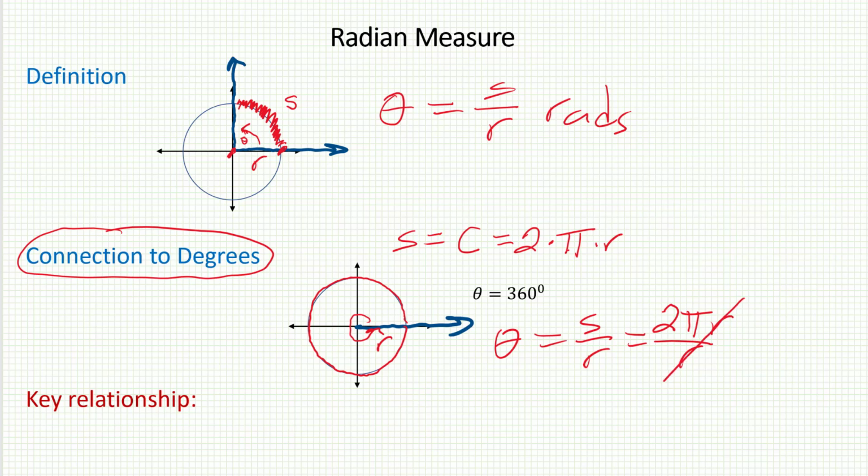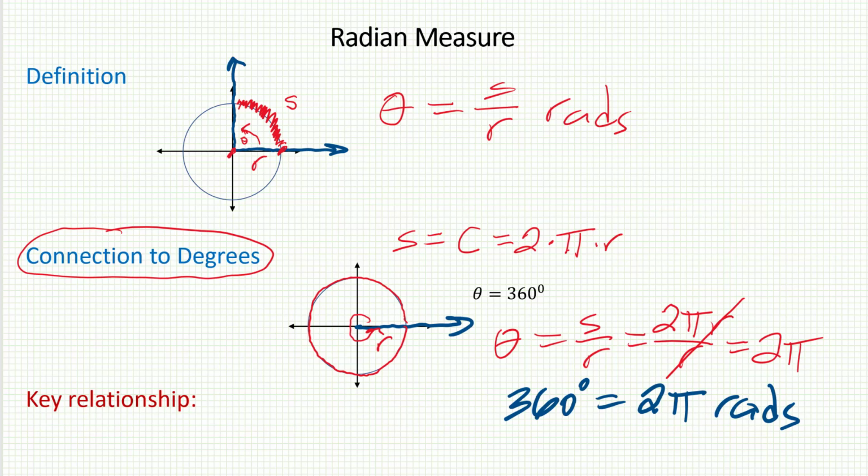Notice the r's divide out, leaving me with 2 pi. We have come up with a very significant result here, namely that the angle 360 degrees is the same thing as the angle 2 pi radians.